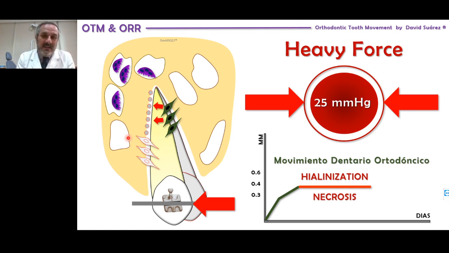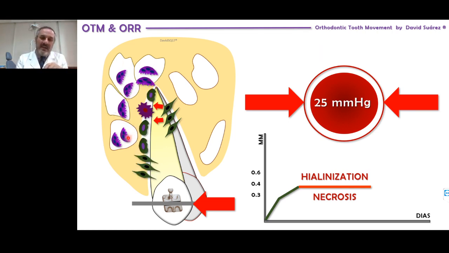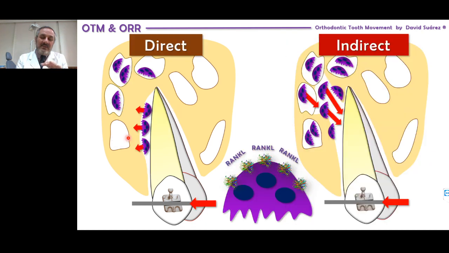Really, it's not a hyalinization, it's a necrosis around the periodontal ligament. And this produces a poor cellularity. For this reason, the role of the osteoclast, the role of RANK, and the role of all of these enzymes and elements is very important.